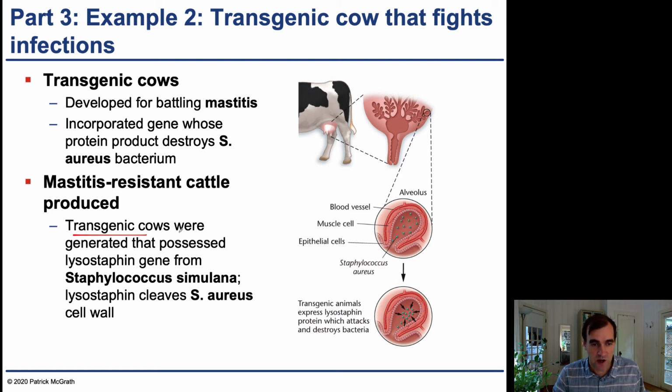They were generated to possess a particular gene, the lysostaphin gene, which is an enzyme that actually cleaves the cell wall of these bacteria. So by releasing these enzymes, any of the bacteria that infect the animals are actually destroyed by the secretion of this protein.